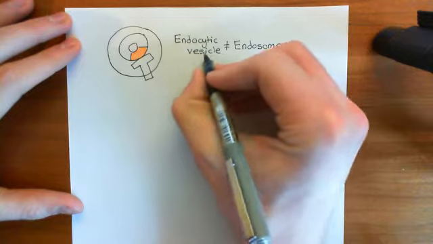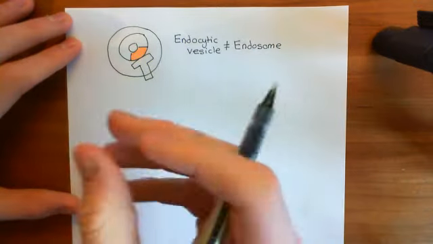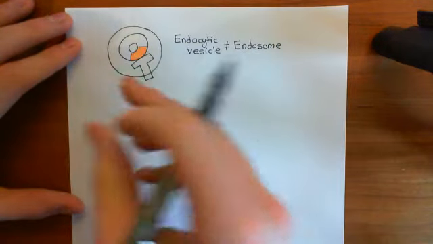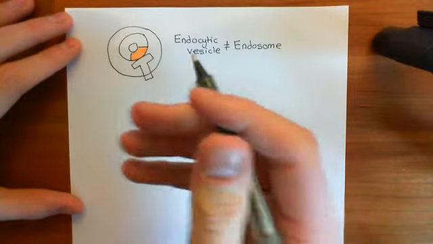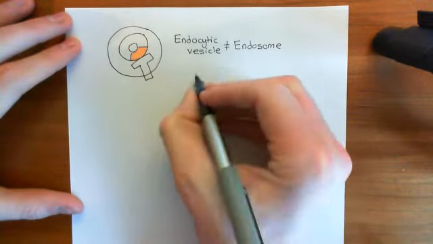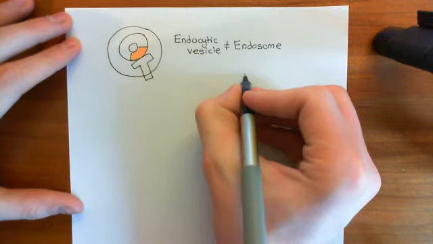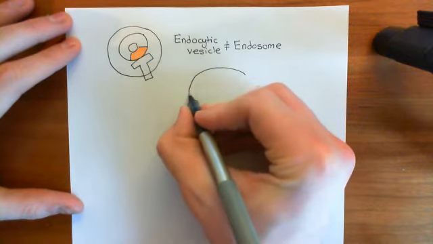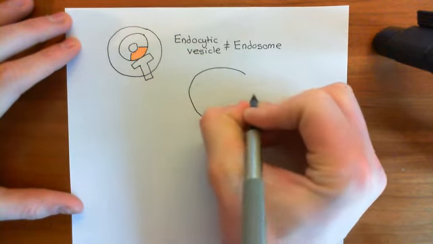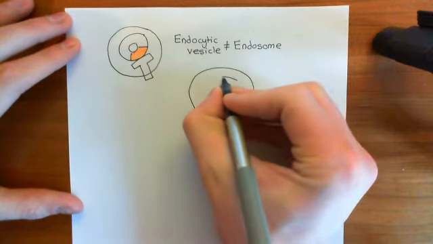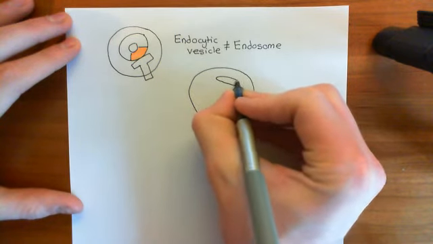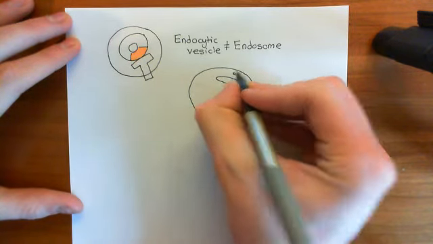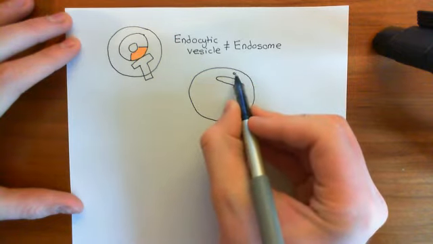An endocytic vesicle is one of these tiny little spheres of membrane that we've pinched off from the cell membrane. Okay, so to put this in perspective, if we've got our entire cell here, an endosome is a large intracellular organelle like so, whereas an endocytic vesicle is a tiny little blip, basically like this.